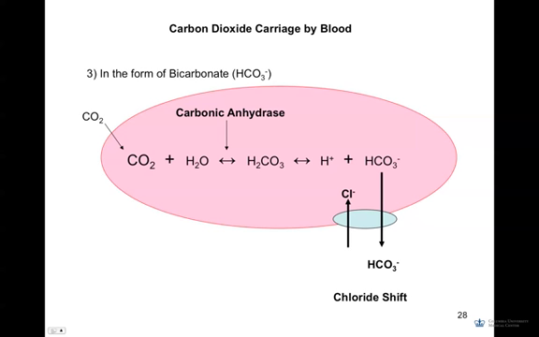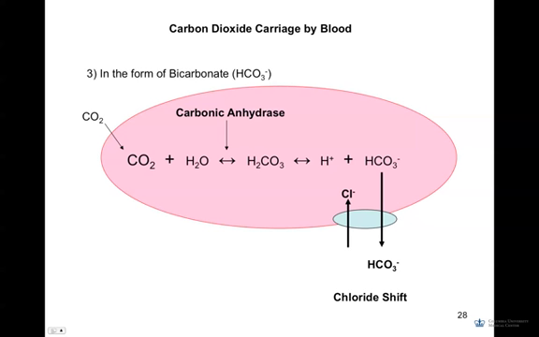Okay? And the direction of this exchanger is entirely dependent on the HCO3 concentration gradient. So as HCO3 is formed, when HCO3 levels inside the cell increase, you then start to get the passive movement of HCO3 out of the cell, and that energy that's released actively pumps chloride in the opposite direction.